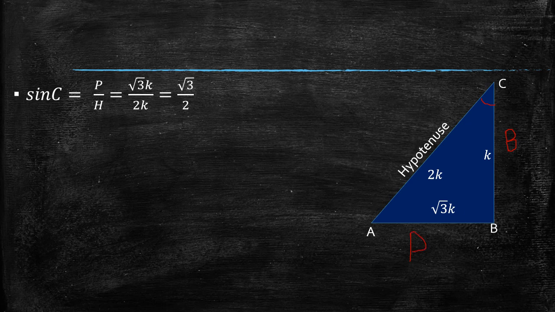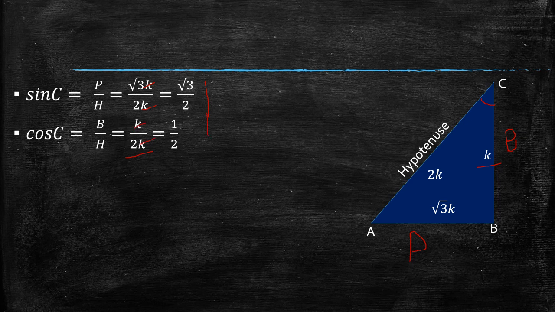So sin C will be perpendicular upon hypotenuse. Now perpendicular is root 3K upon 2K. K cancel down. We get root 3 upon 2. Similarly cos C. Cos C will be base upon hypotenuse and base is now K. This is base K upon 2K. K cancels down. We get 1 upon 2.